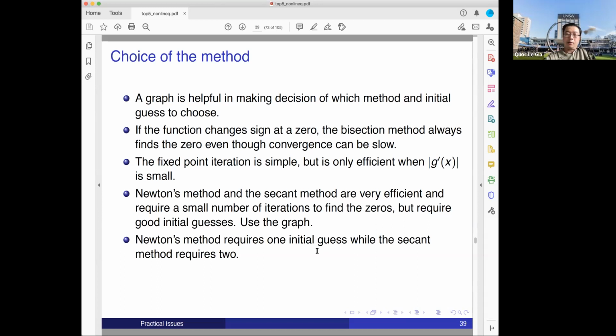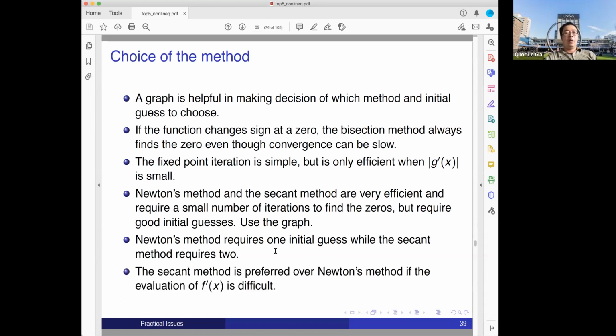Remember you have to give x0 and x1, and then it will start from x2. The secant method is preferred if evaluation of the derivative is difficult. Otherwise you choose Newton method.